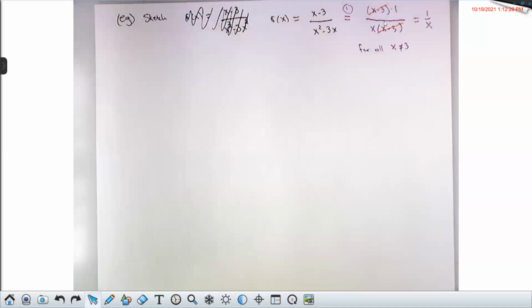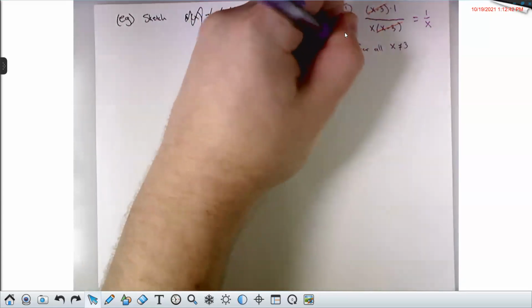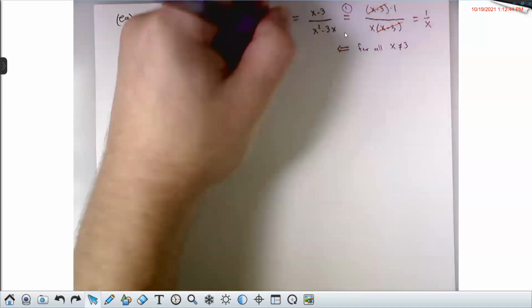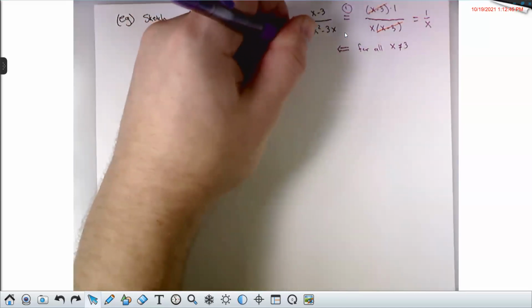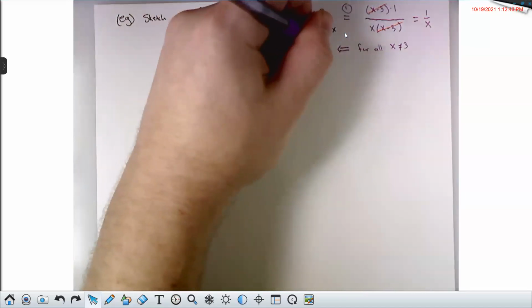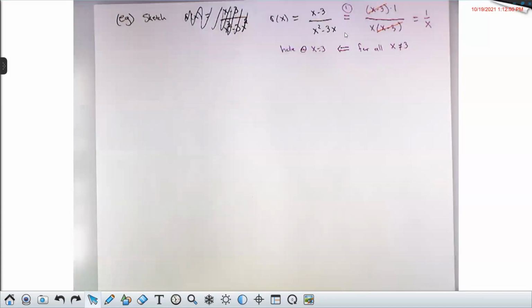We cannot say this function is equal to 1 over x at 3 because this function is supposed to be the original function, which is undefined when x is equal to 3. What this means is that there's going to be a hole at x equals 3, just like our last example. Everywhere else, it's the function 1 over x.